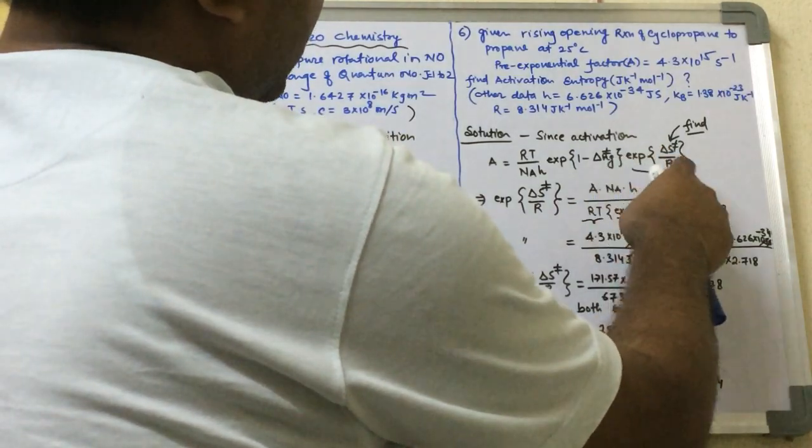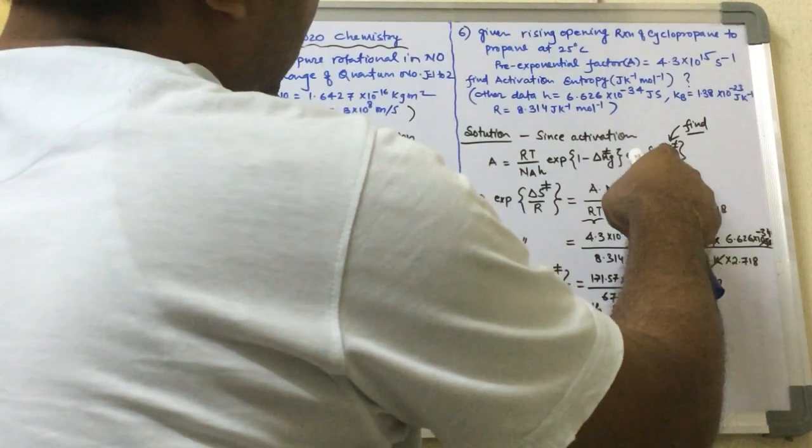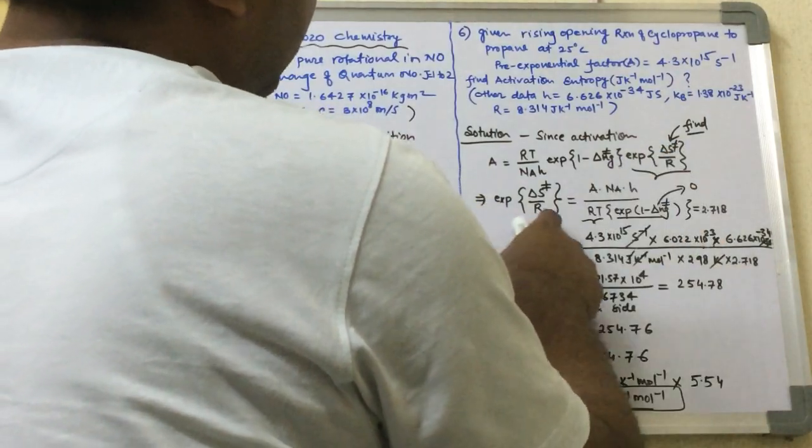So we separate these terms: exponential of del S upon R we have to separate here.